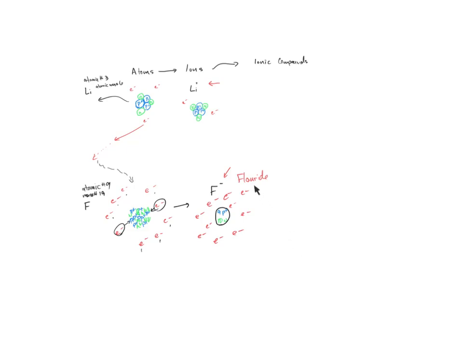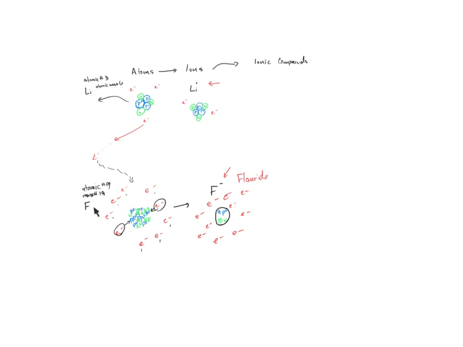So we have our fluoride ion and our lithium ion that was formed in my last video, showing how lithium got rid of an electron in order to have the outer shell, the smallest shell, which can only hold two. So now it's happy, but it's positively charged because it's lost an electron.